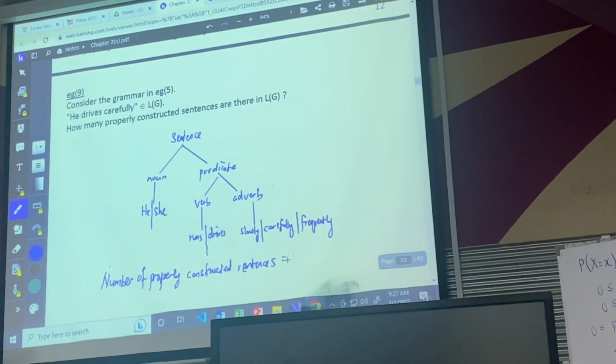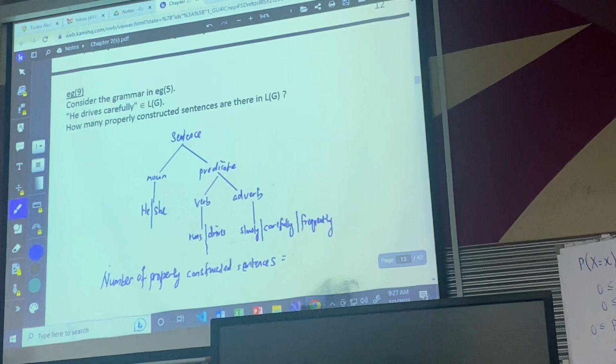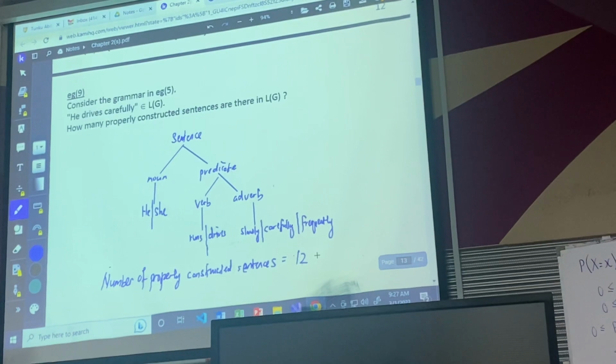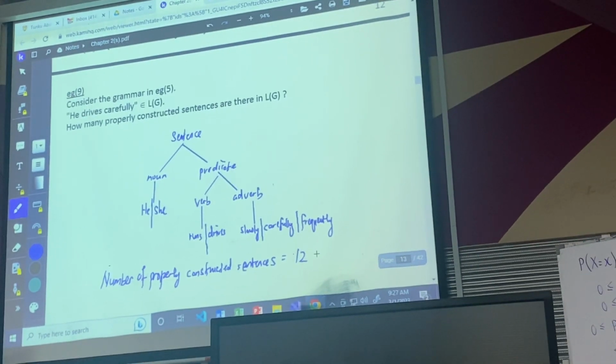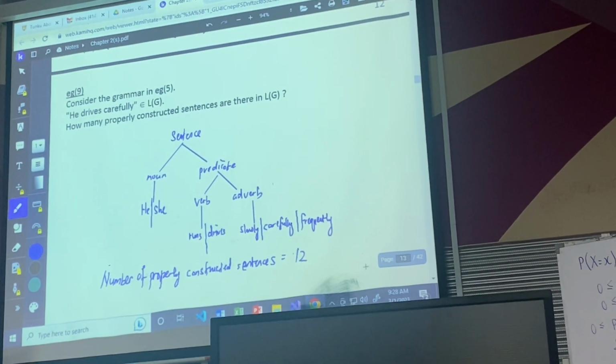Agree? How do we get 12? Here you can have 2 choices. Here you have another 2 for the verb. And for the adverb you have 3, right? So 2 times 2 times 3. Altogether we will get 12. So you can form 12 different sentences from this example.